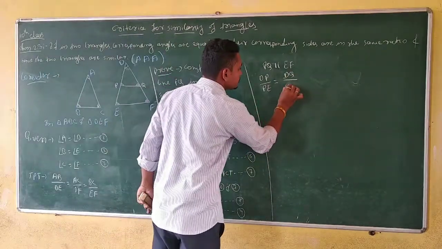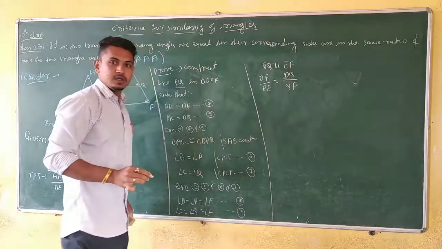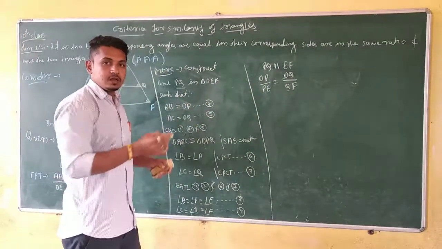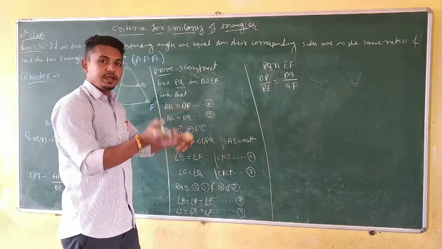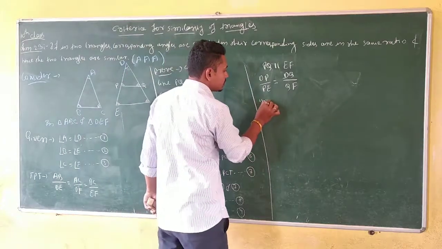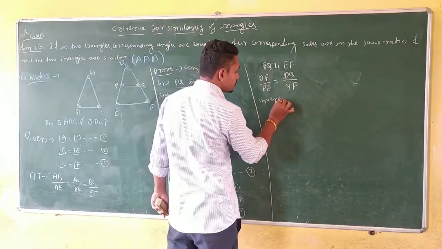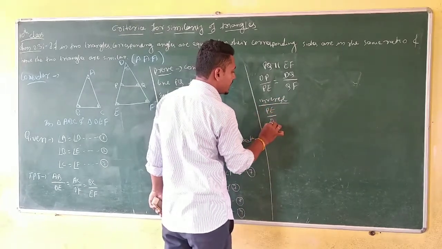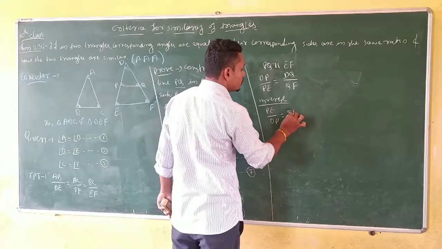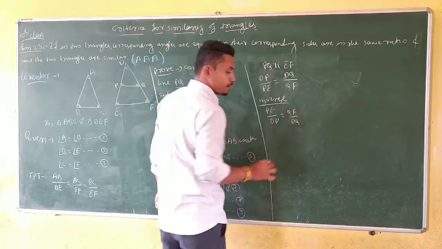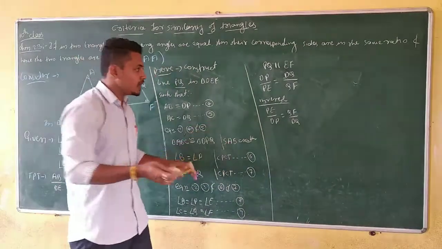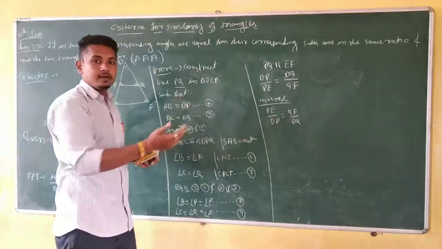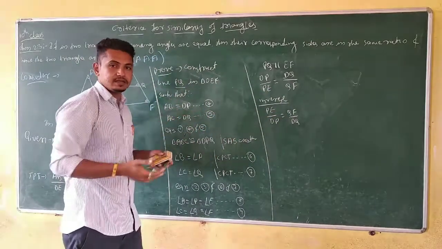Next, these two ratios, now rearranging them in inverse: PE divided by DP is equal to QF divided by DQ. Can you write like this? Yes, because now we invert both the left hand side and the right hand side.